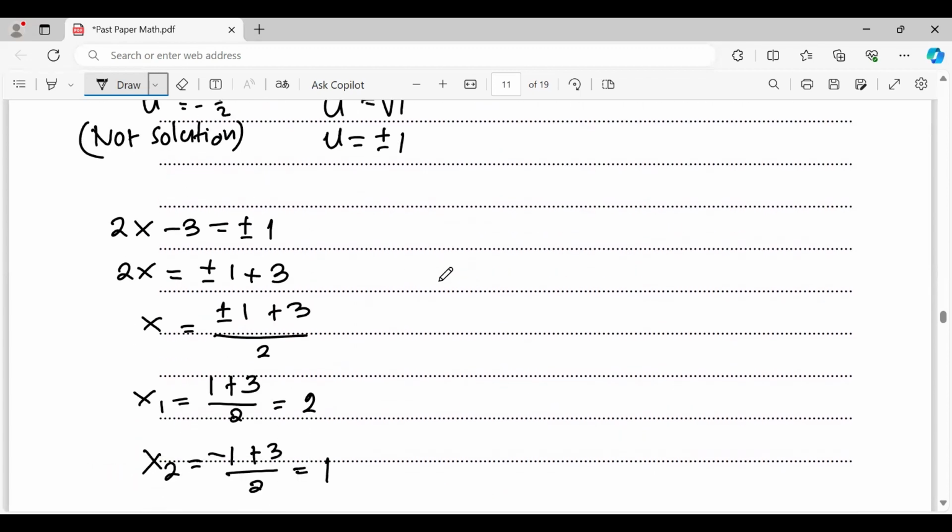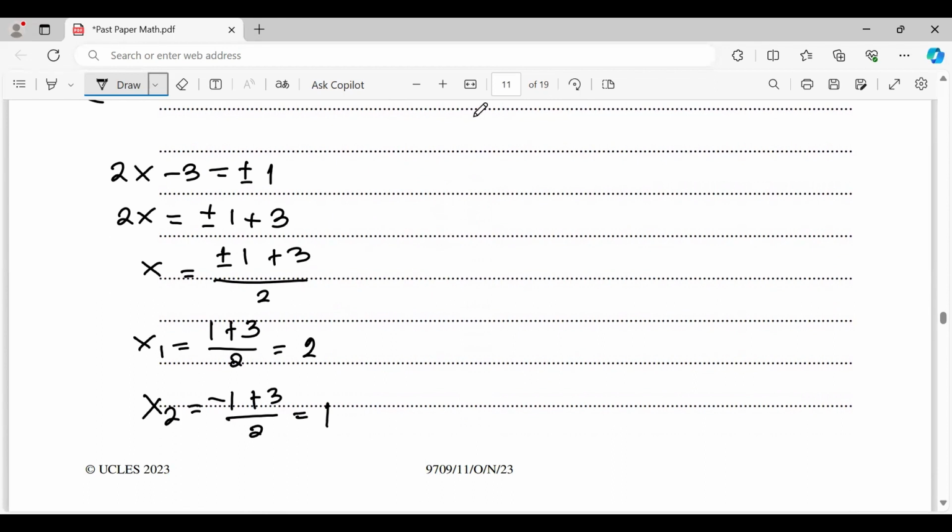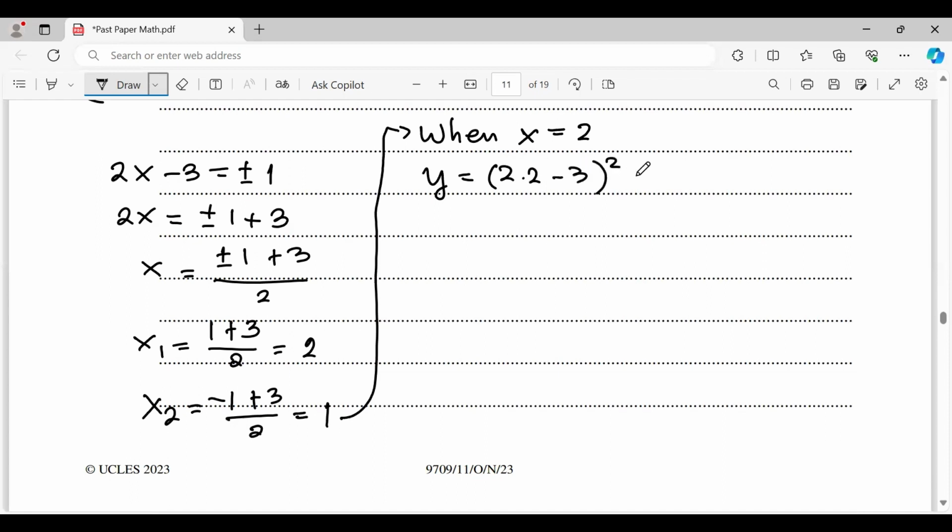So I'm going to move to the y-values. When x equals 2, y will be 2 times (2 minus 3) squared plus 1 equals 2.